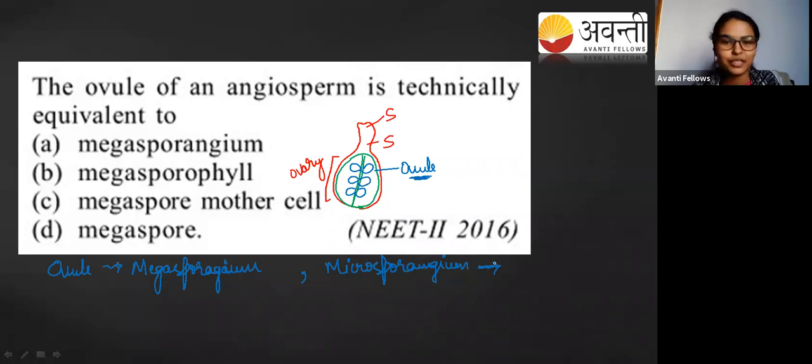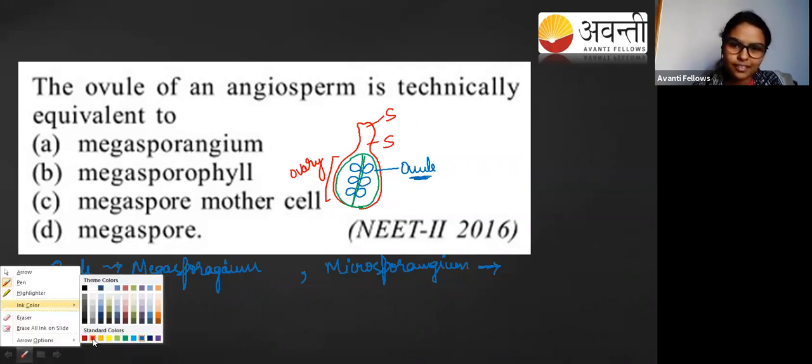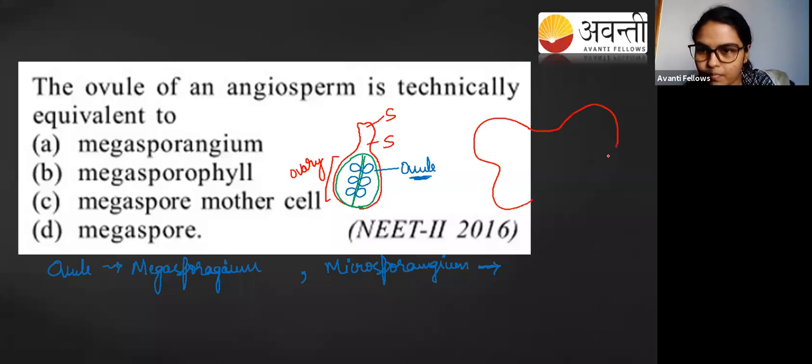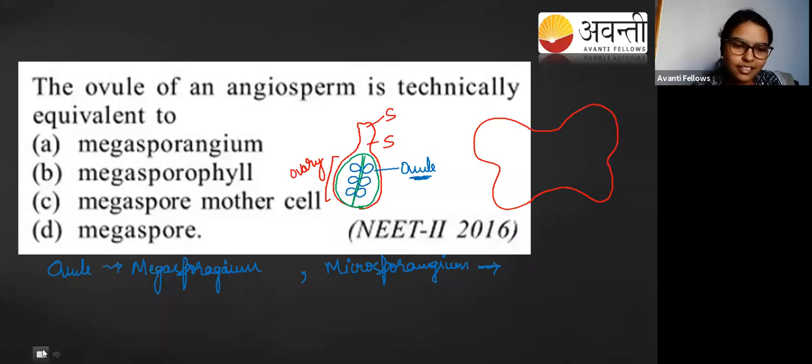Soumya, wrong. Deepika, wrong. Swati, no. Tejaswini, no. We have forgotten the structure of anther. No, wrong, Sachin. Very good. Tejaswini, Soumya, correct answers.